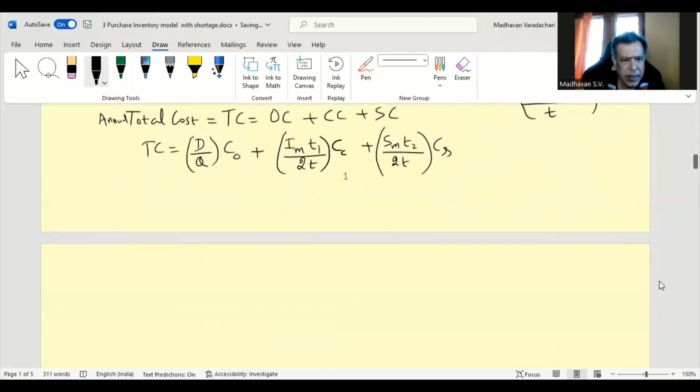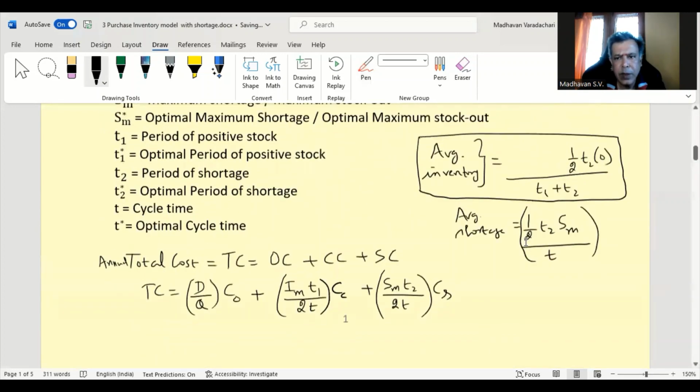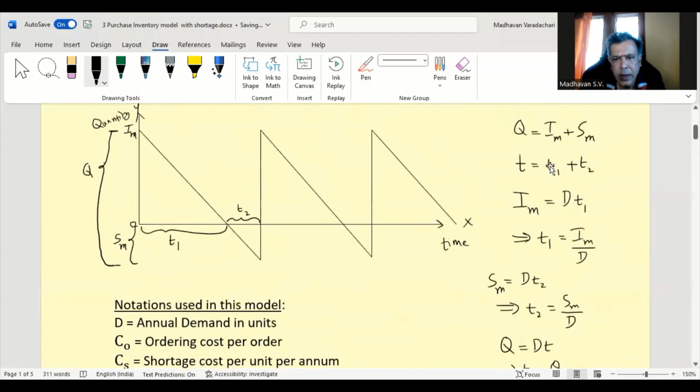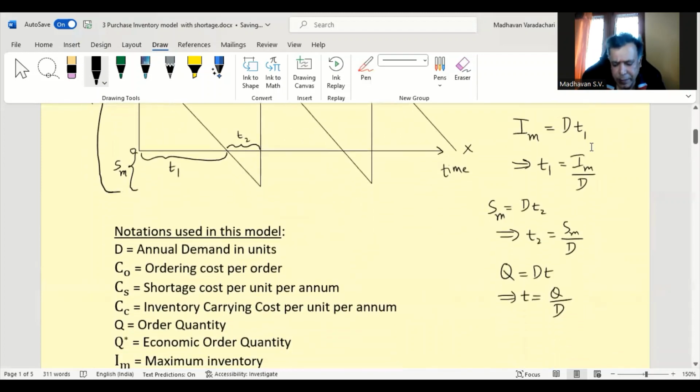Now, that means our TC, total cost, will be D times Q inverse CO plus IM. We already saw here, IM is SM, Q is IM plus SM.